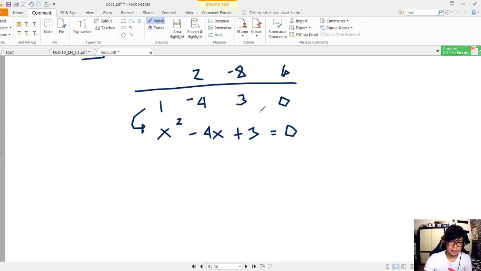Now, this one, you can use factoring. Pwede siya factoring, di ba? Ano yung factors ng 3 that will give us a sum of negative 4? So that's negative 1 and negative 3, because negative 3 times negative 1 is 3. Tapos pag i-add natin yung negative 1, negative 3, negative 4. So yun yung factors natin.